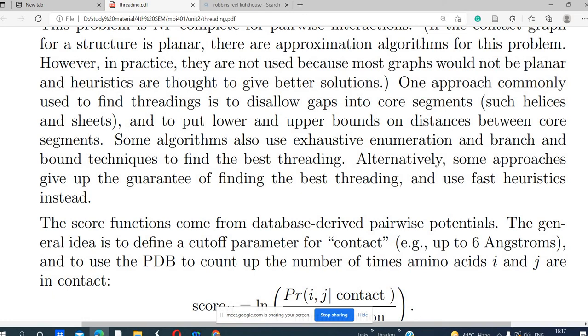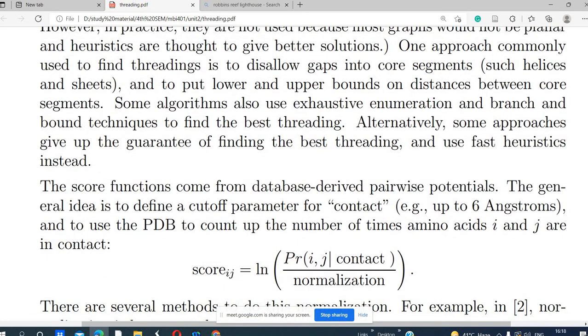Generally gaps are not allowed in the core segments like helix and sheet. They can be allowed in the loop only. Then we put lower and upper bounds on distances between core segments. Some algorithms also use exhaustive enumeration and branch and bound techniques. These are the names of the algorithms used to find the best matching, best threading.